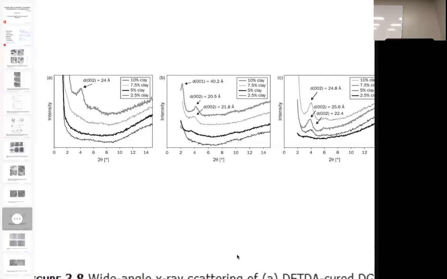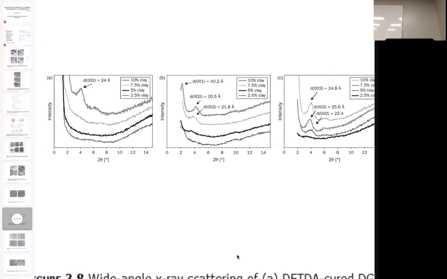So this would be the line of maybe something fully exfoliated, so there's no order in the system. But you'll see there's a peak up there, and that peak equates to about 24 angstroms. So that means there's an intercalated material. Those plates are on average 24 angstroms apart. Not perfect. See, it's not a single line, it's a broad peak.